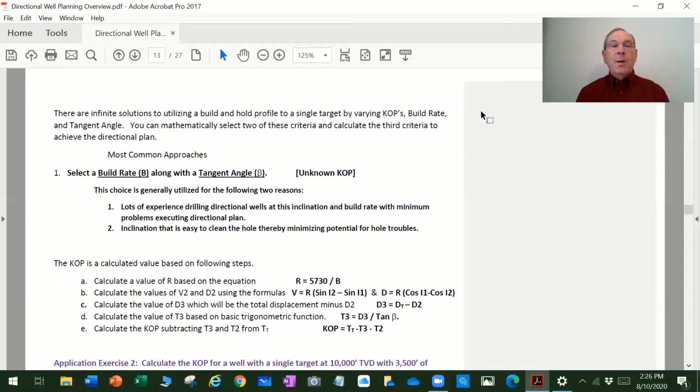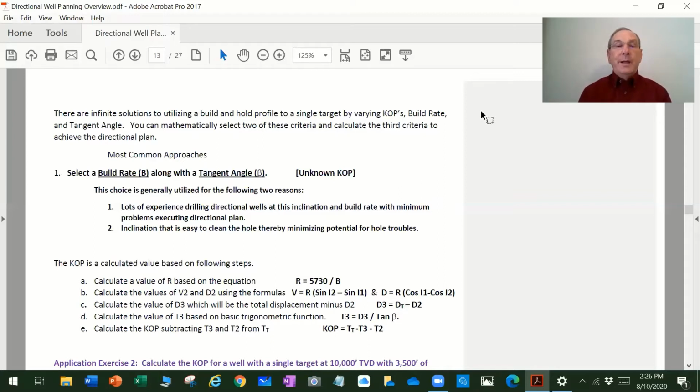We choose a build rate and a tangent angle for multiple reasons, but probably the 2 primary reasons are, first, there's lots of experience drilling wells at this inclination and build rate with minimum problems executing a directional plan. You may be developing a field using somewhere between a 30 and 35-degree well and a 3-degree build rate.